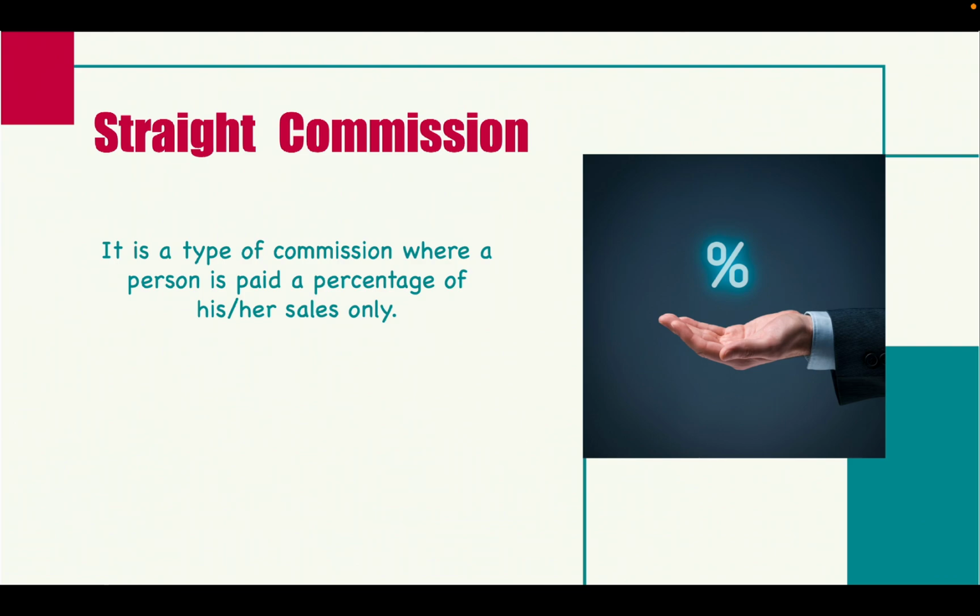When we say straight, it's possible that this person is not a regular employee of a certain business or company. Their agreement with the business is that when you make a sale, you get a certain percentage. Like here in Pansol, there are agents of resorts. When the agent gets a guest, he gets 20%. But if he doesn't get any guests to invite for the entire month, the resorts give him nothing. This is what you call straight commission. If you make a sale, you have income. If you don't, you have none.